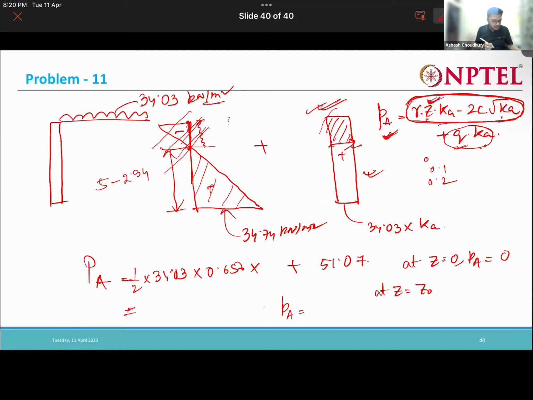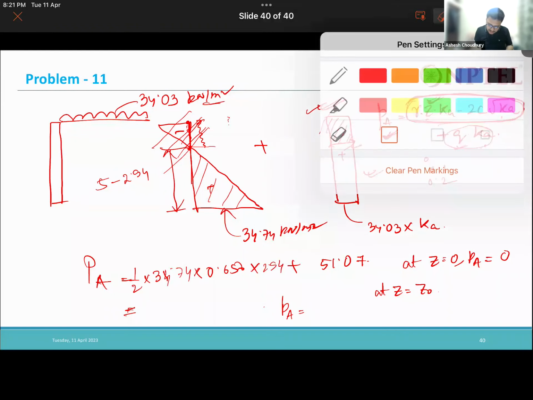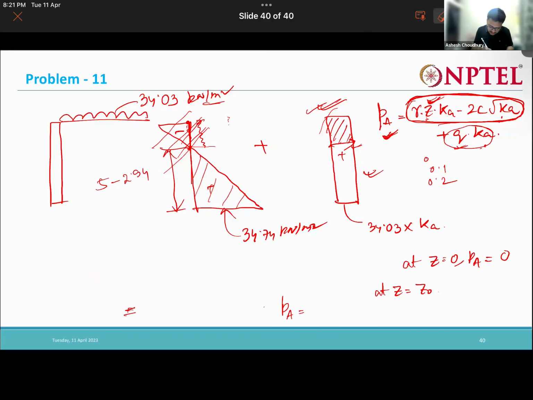Okay, so total area will be how much? Here half into 34.03 into Ka. 34.74 it will be, I think. Right, 74. Yeah, 34.74. K won't be there, this I have already calculated. I will just write this again.